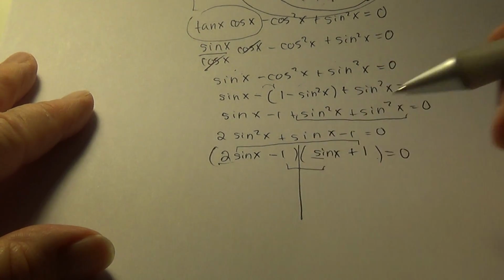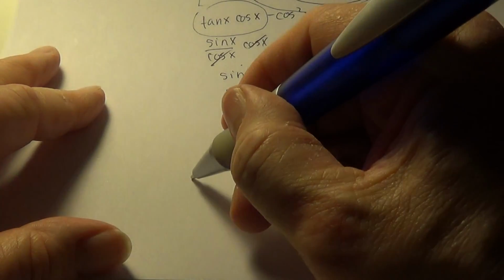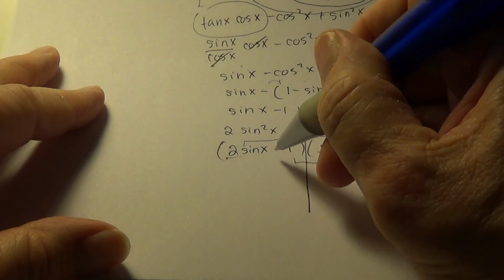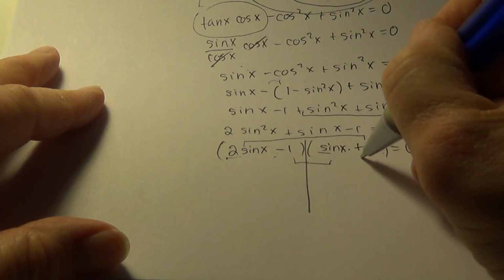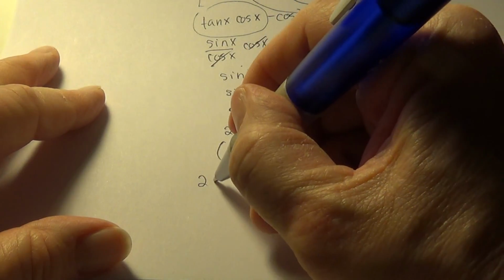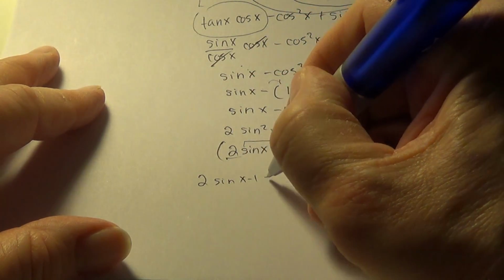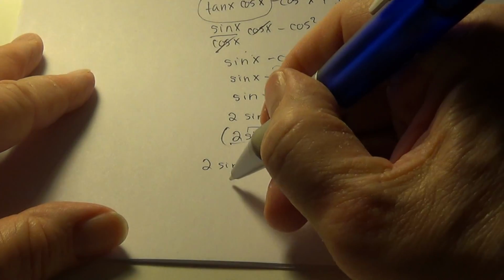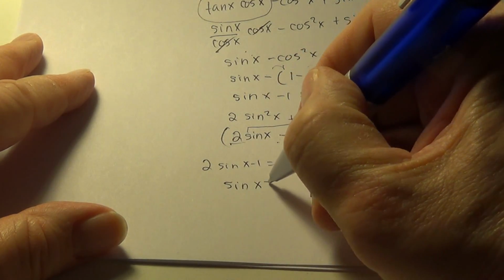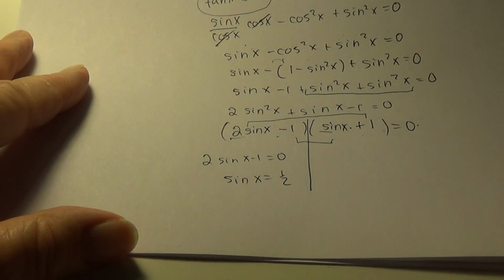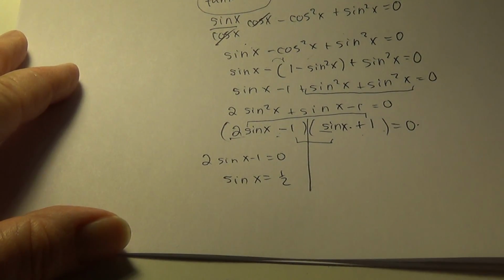So now we have the two branches. When two things multiplied together equal 0, either one is, or the other is, or both are. All right, 2 sine x minus 1 equals 0. That branch leads us to sine x equals 1/2. And to find where that is, we think of the unit circle.